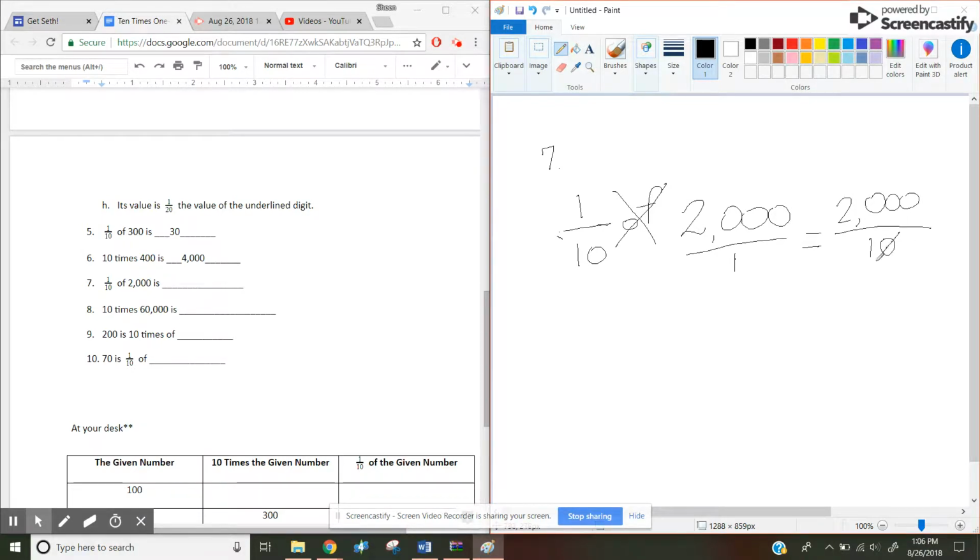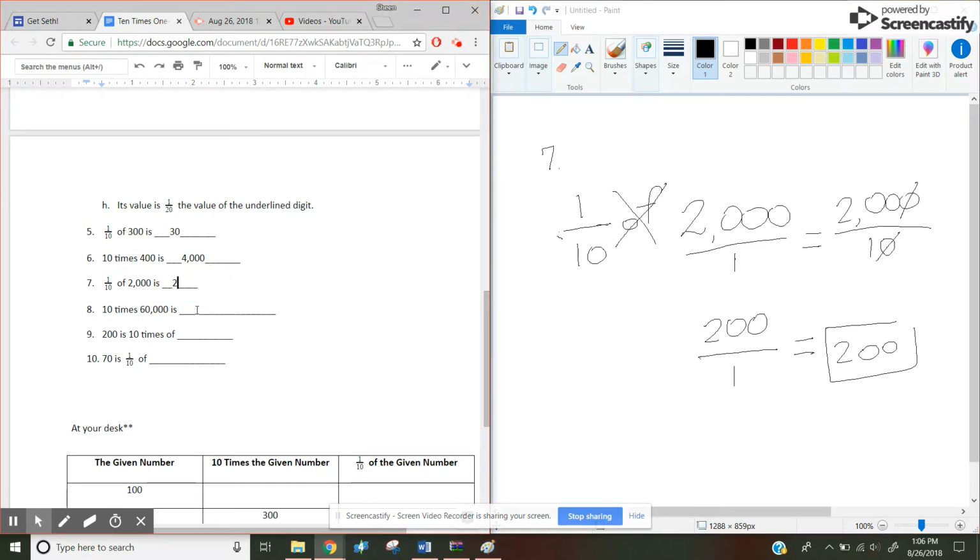I see 1, so I crossed out 1 in the denominator, and that means I'm also going to cross out 1 in my numerator. Now my numerator has 200 on top divided by 1. So my new fraction is 200 divided by 1, which equals 200. So 1/10 of 2,000 is 200.